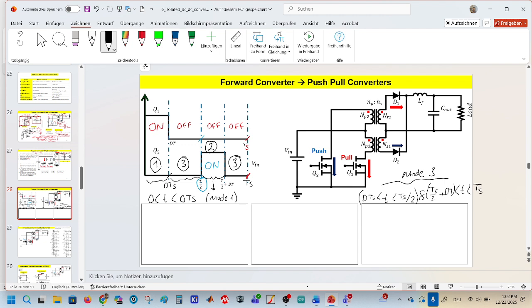And mode 2 is this switching period smaller than, plus DT. And this is the so-called second mode.